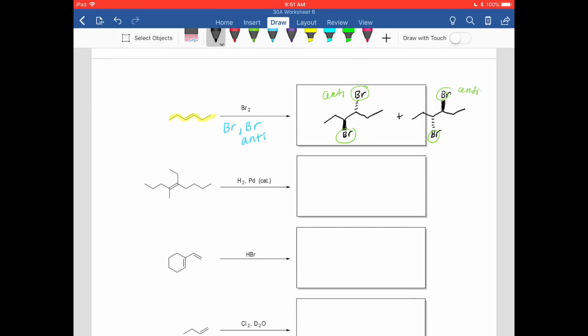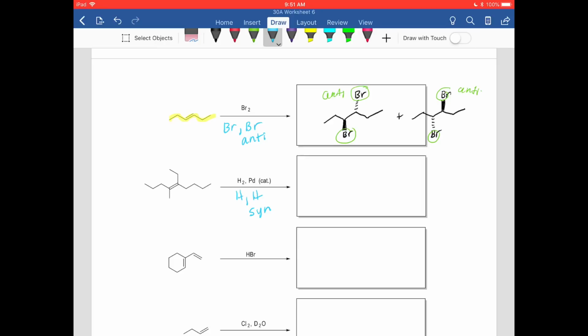Okay, so the next one, we are adding hydrogen and hydrogen. This is catalytic hydrogenation where we're adding 2 hydrogens across the double bond. And this is a syn addition. And so to some extent, you have to memorize whether something is going to be either a syn or an anti-addition, but the mechanism for these reactions always explains why we're getting a syn or anti-addition. So in hydroboration, the BH3, the hydrogen and boron add at the same time in a concerted reaction mechanism.